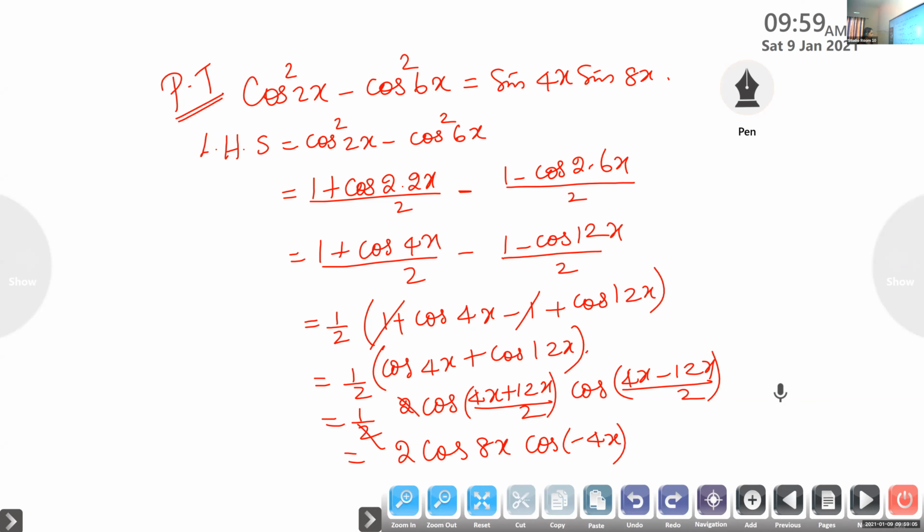But what do we know about cos of minus theta? Cos of minus theta is cos theta. Sorry, the 2 will get cancelled, so no 2 is there. Cos 8x into cos 4x.